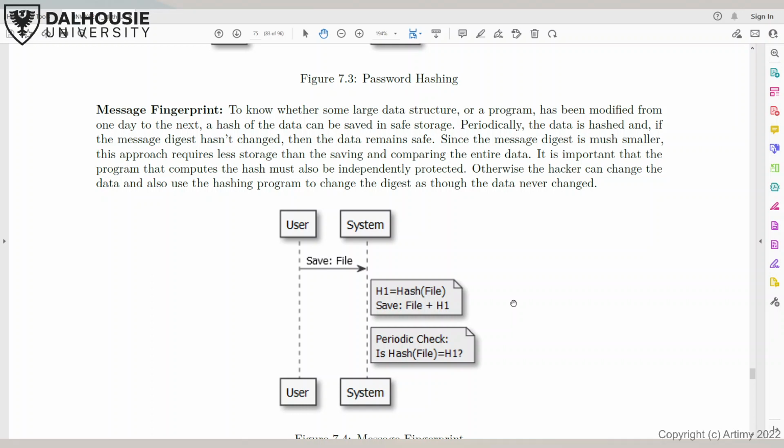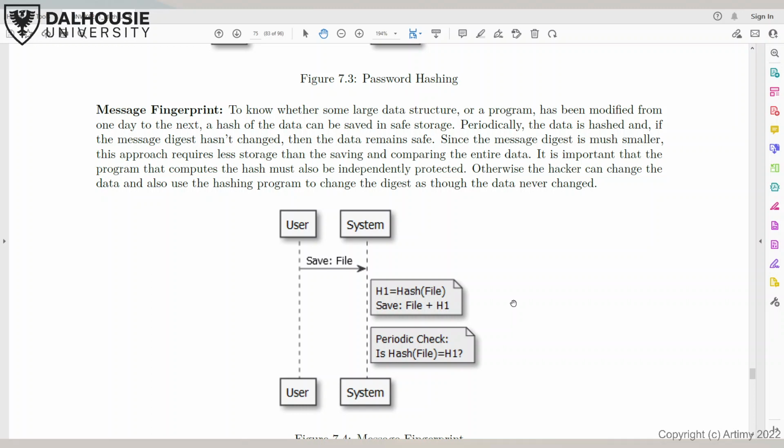So next time I try to use that file, I can do the hash again and compare it with the hash that was saved before. If the file was changed, the hash will not match, and I will know that the file has been tampered with and I discard it and don't use it.